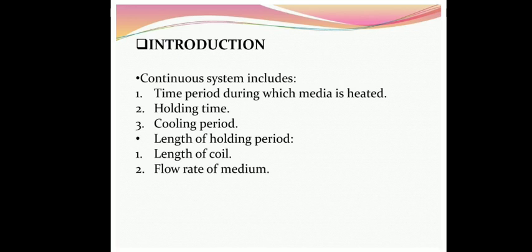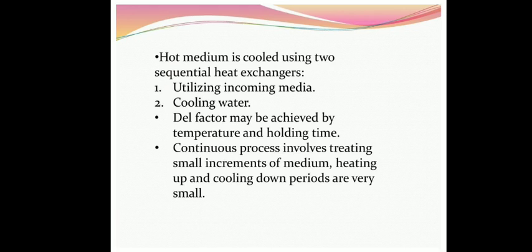Then this whole process completely depends on the length of the coil which is used for the heat exchange and the flow rate of the medium, the amount of medium which passes through the pipe. This hot medium is cooled by using different types of heat exchangers, like utilizing the incoming media.